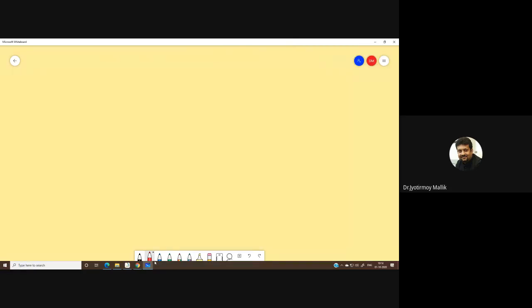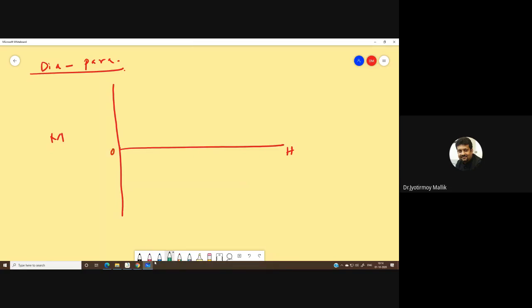So let us look at dia and paramagnetic material. I'll draw a graph which will explain both. On the y-axis, I'm drawing M, that means magnetization, and on the x-axis, I'm drawing H, which is my external magnetic field. This is 0. Diamagnetic material is represented by a curve which looks something like this.